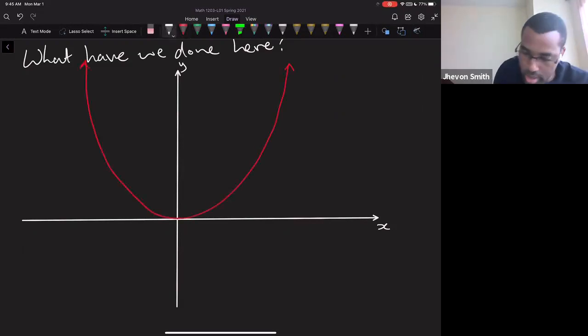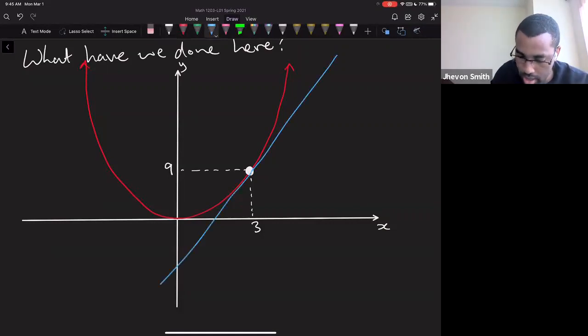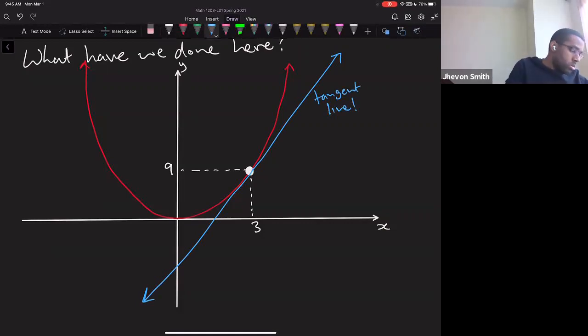There was a point of interest over here when x was 3 and our corresponding y value was 9. And what we just did was ask, what is the tangent line here? Let's call it this guy. So that's the tangent line. And we actually figured out what that is. So we found the equation of this line.